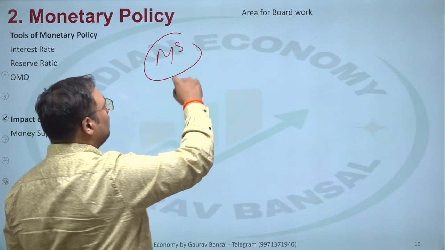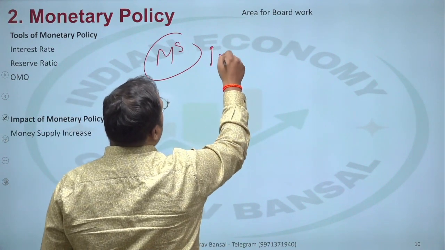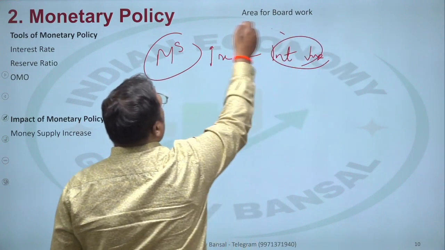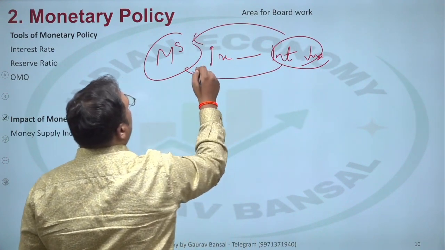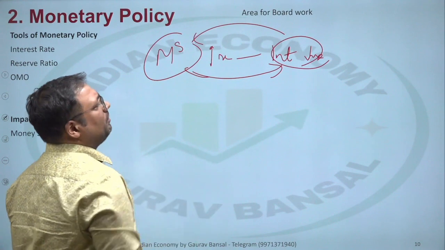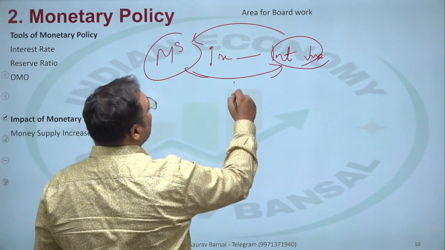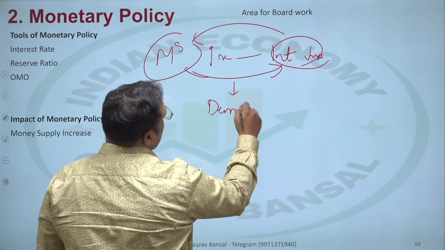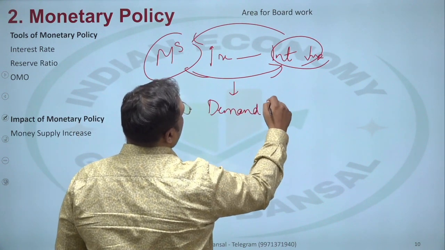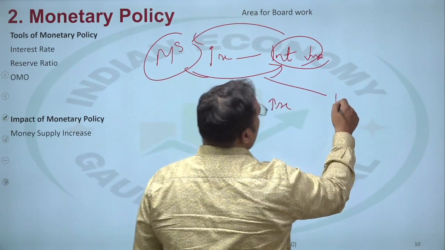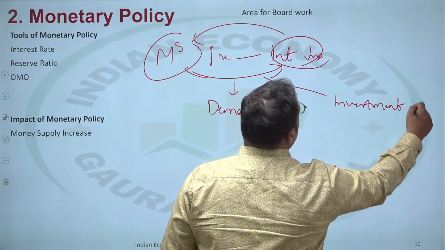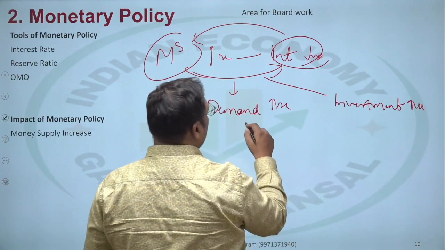We have discussed. When money supply increases, interest rate falls, and they lead to each other basically. Now, when any of these happens, this will lead to demand increase and investment increase. And when investment and demand increase, what will happen?